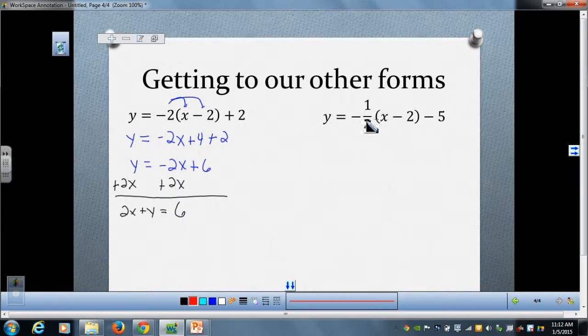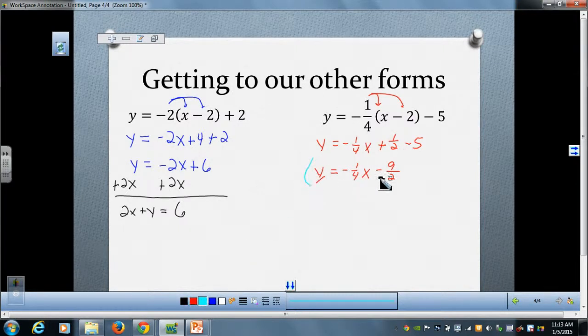Now to check your second example, I'm going to distribute and distribute. So y equals negative 1/4 x plus 1/2 and then minus 5. If we combine like terms, this is going to be negative 9 halves. Now notice in this case we have 2 denominators, 4 and 2. So I do want to clear those denominators out.